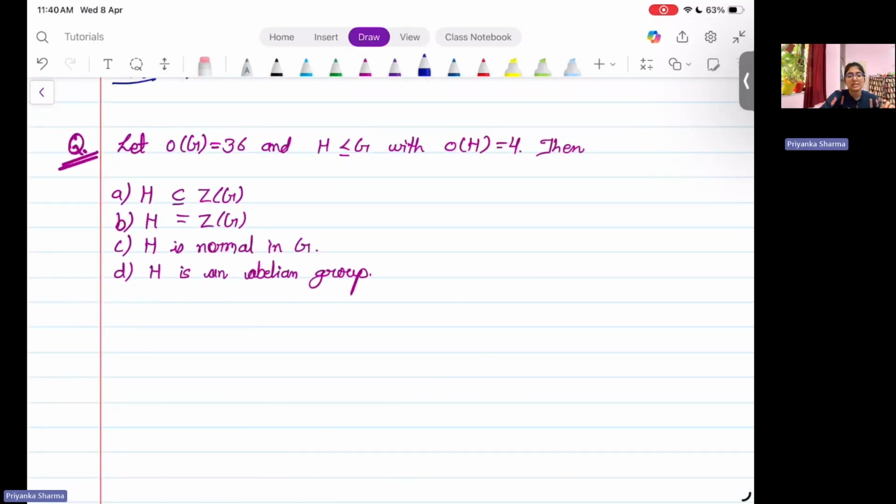The order of G is 36, and H is a subgroup of G, and the order of H is 4. Then we have these four statements, and we need to check which of them are true.